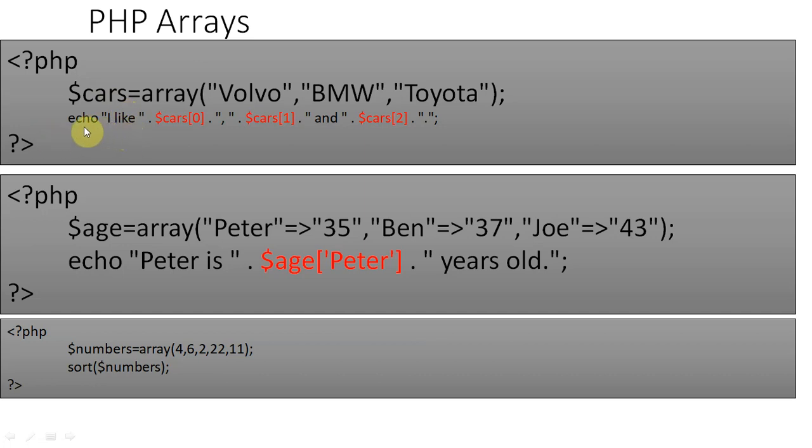By this statement echo I like dollar cars 0, it will display Volvo in this place. Then dot is used for concatenation. So we are concatenating I like with cars 0, that is Volvo, and again we are concatenating with a comma. Again we are concatenating with cars position 1.